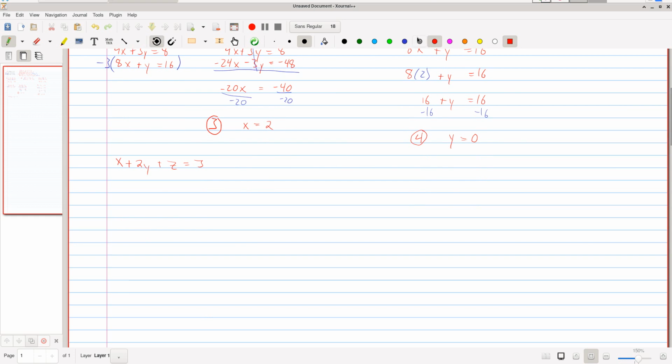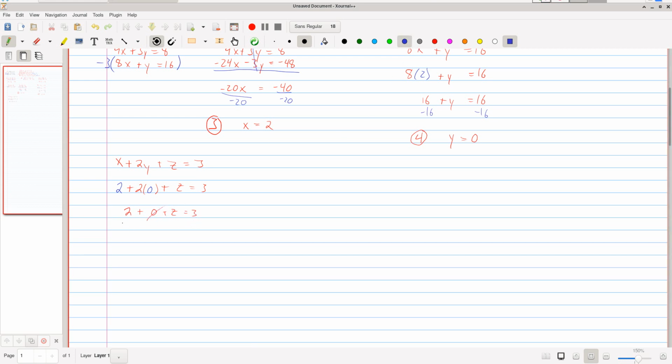We know that x is 2. So instead of x, we've got 2, plus 2 times y, and the y value is 0, plus z = 3. We simplify, so we've got 2 + 0 + z = 3.